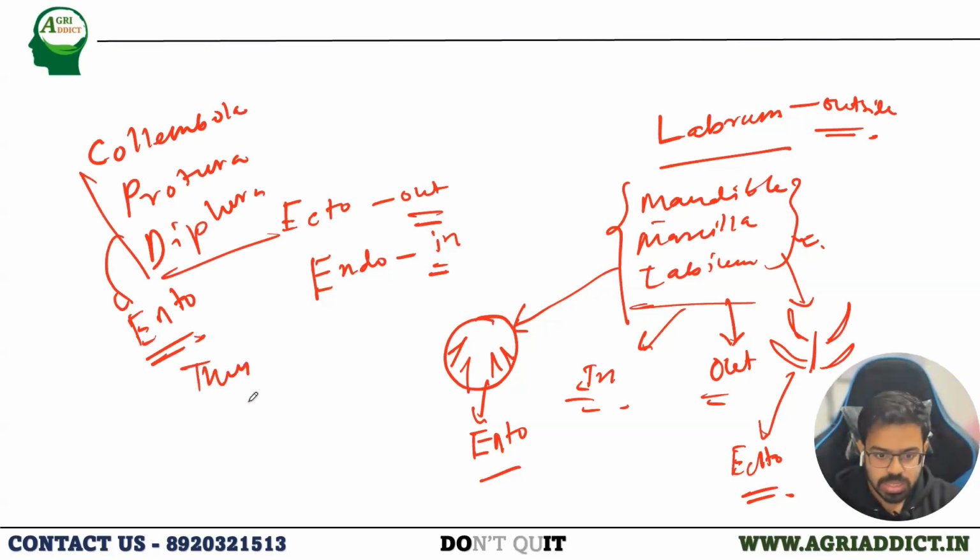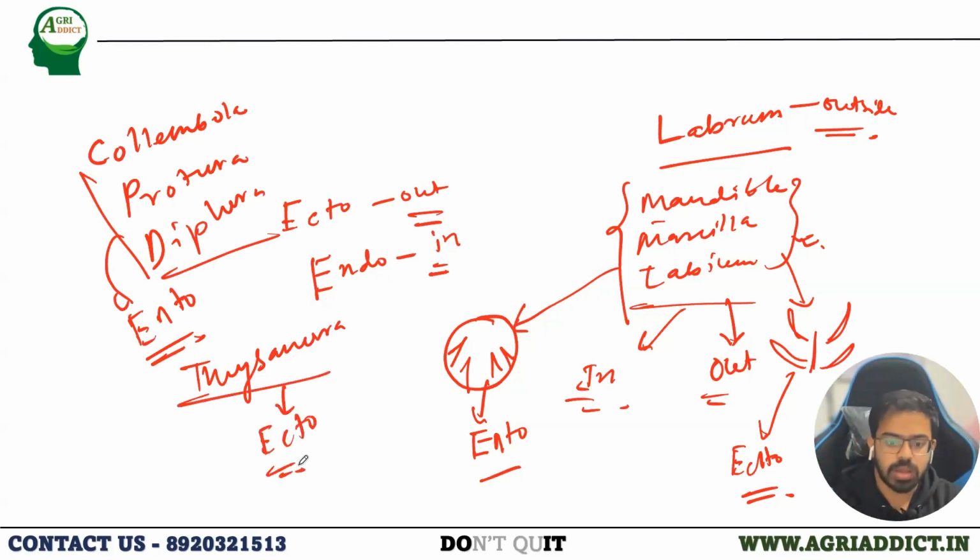Your Thysanura is an ectognatha. The mouth parts are outside in case of ectognatha, and inside in case of entognatha. So please remember that Collembola, Protura, Diplura are entognaths. Thysanura itself is an ectognath. Okay.